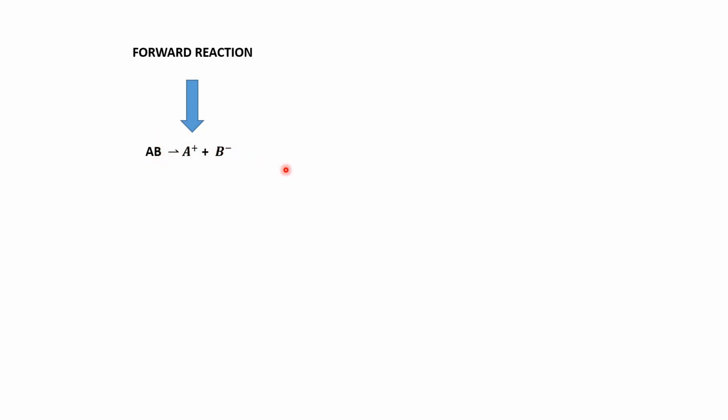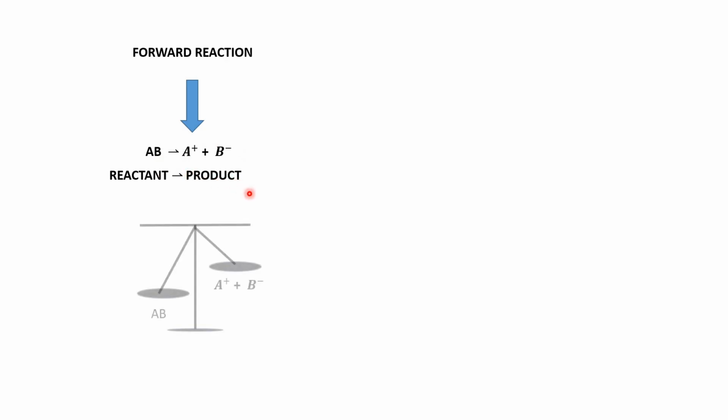For this reaction, AB was the reactant and A plus and B minus were the products. Also, the concentration of AB was more and that of A plus and B minus was less. Now let's compare this forward reaction to the backward reaction.